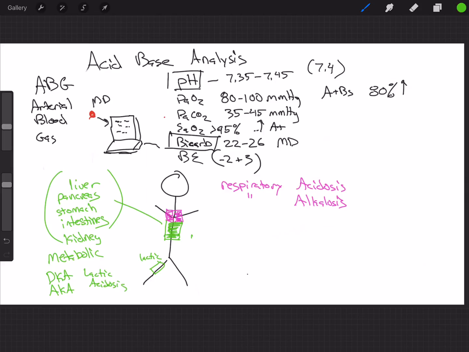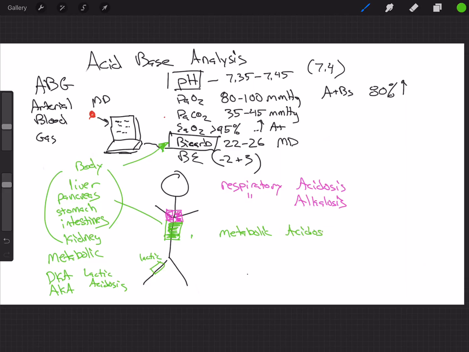These are all coming from the body somewhere. And so I always remember that body causes are going to be reflected in that bicarb score. So if you want to know if the cause of the acidosis or the alkalosis is metabolic, the bicarb is going to be different.